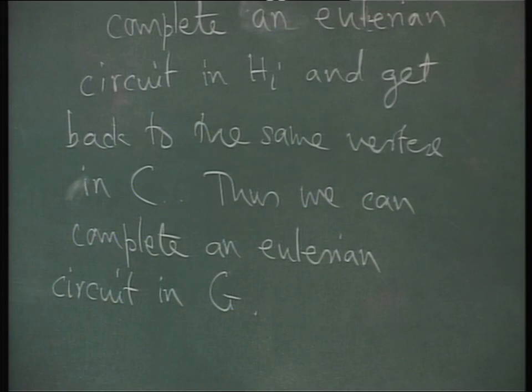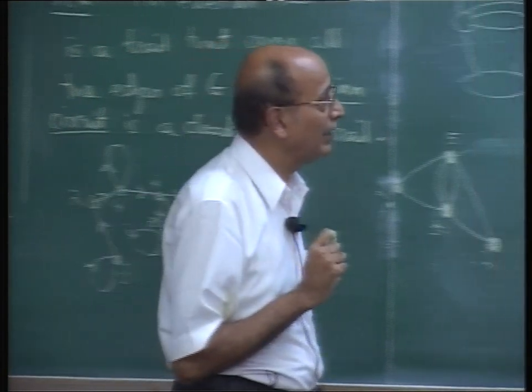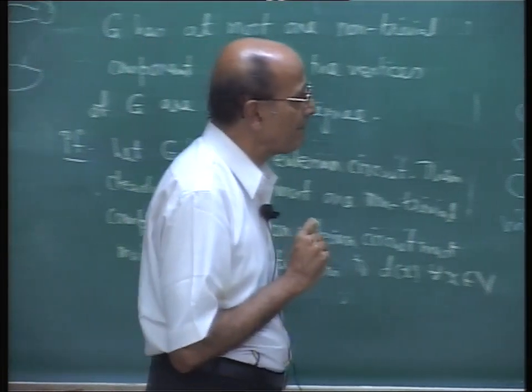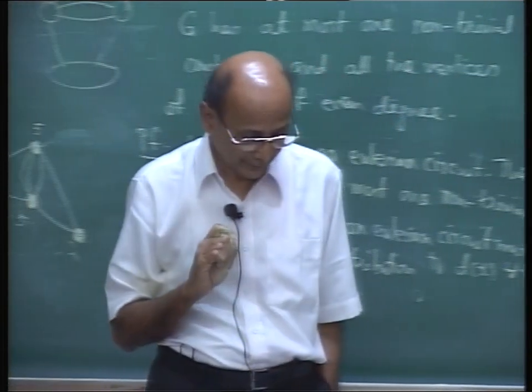As I said, as an idea, it's quite elementary. It's a very elementary idea. It's just that in terms of working out, it can be messy. It can be messy when one is really confronted with the question of going ahead and finding an Eulerian circuit. Okay.